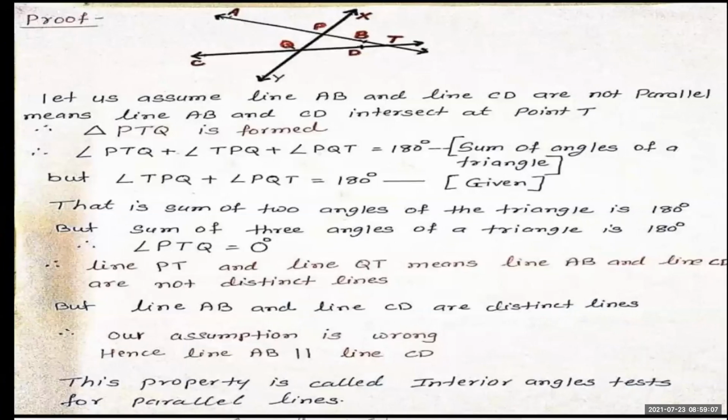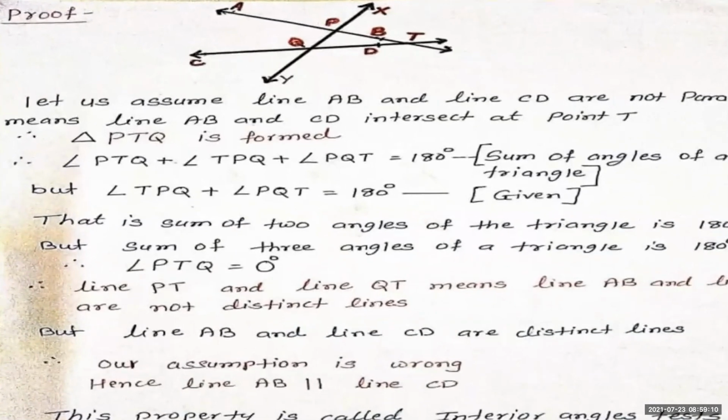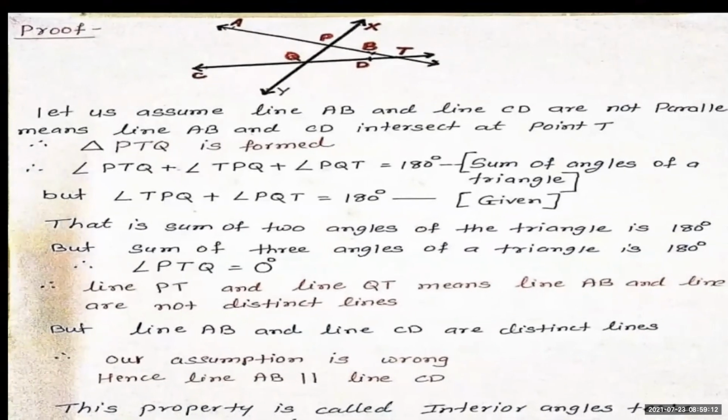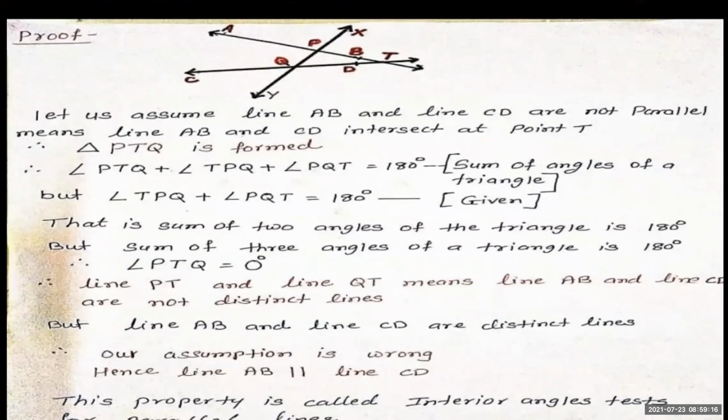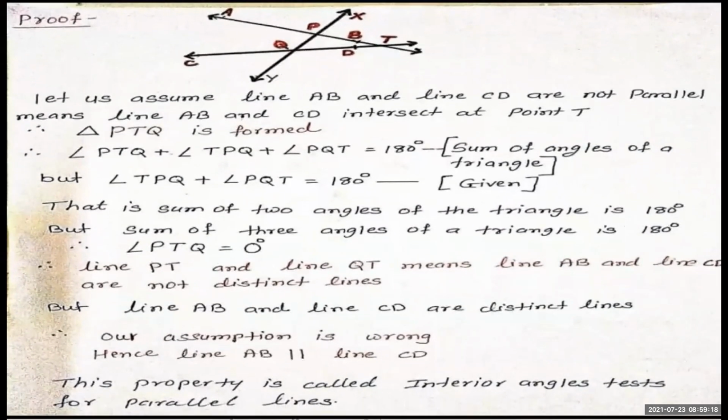Here you can see the next step: but angle TPQ plus angle PQT, those are interior angles. Okay, and that is given, and those measure together 180 degrees.